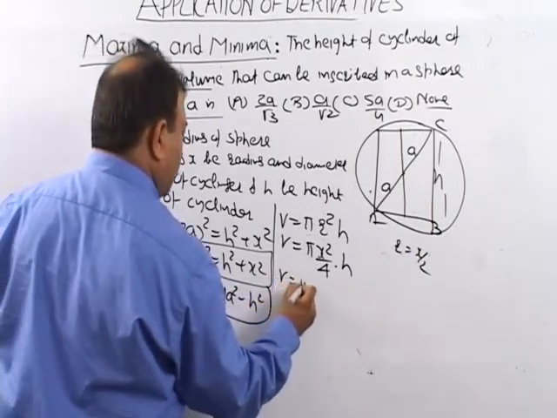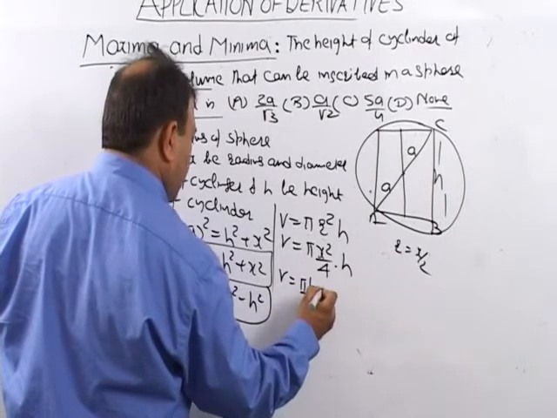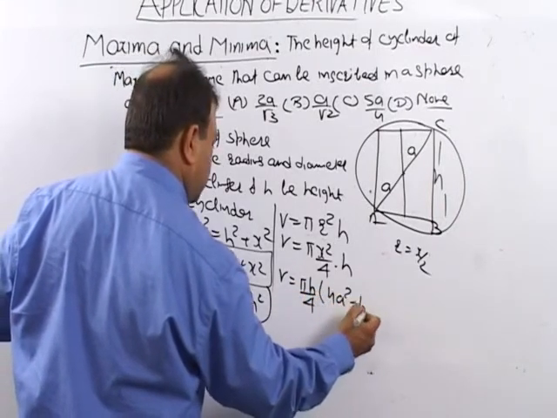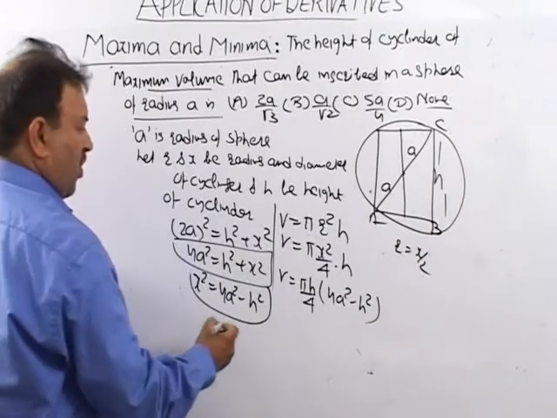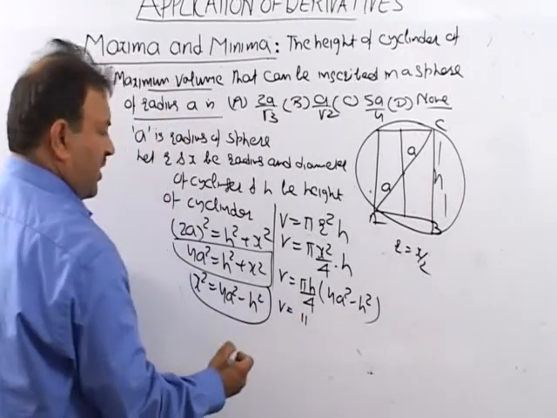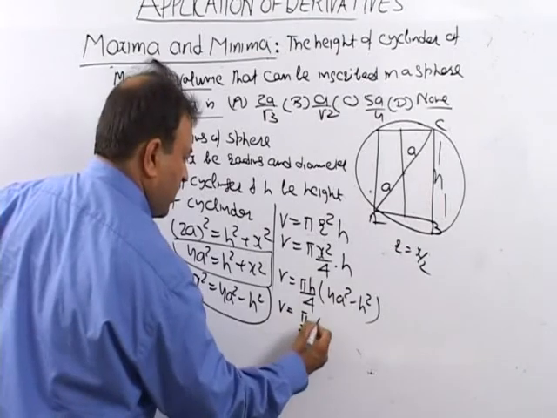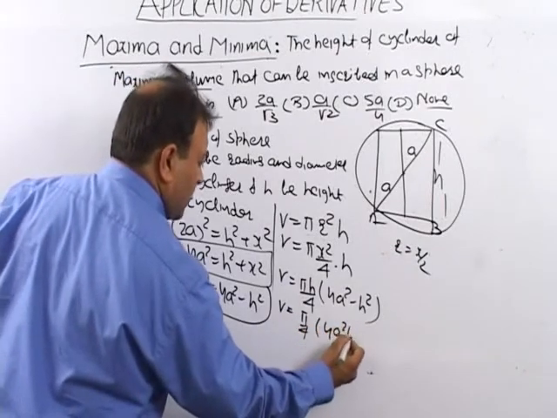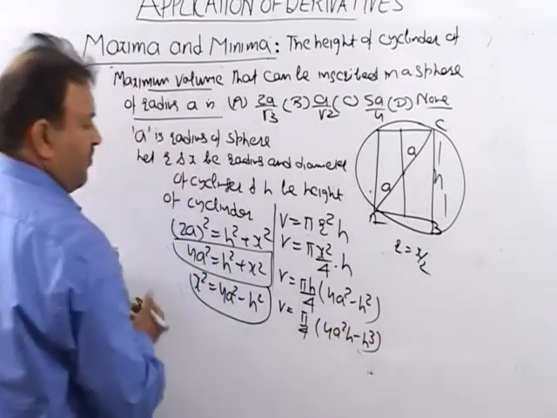So volume is equal to pi h by 4 times (4a square minus h square). Volume is equal to pi by 4 times (4a square h minus h cube).